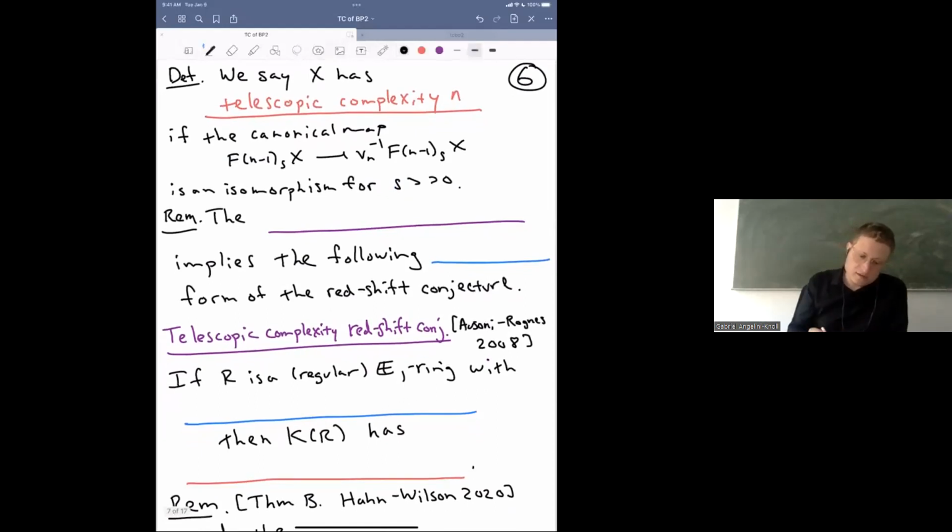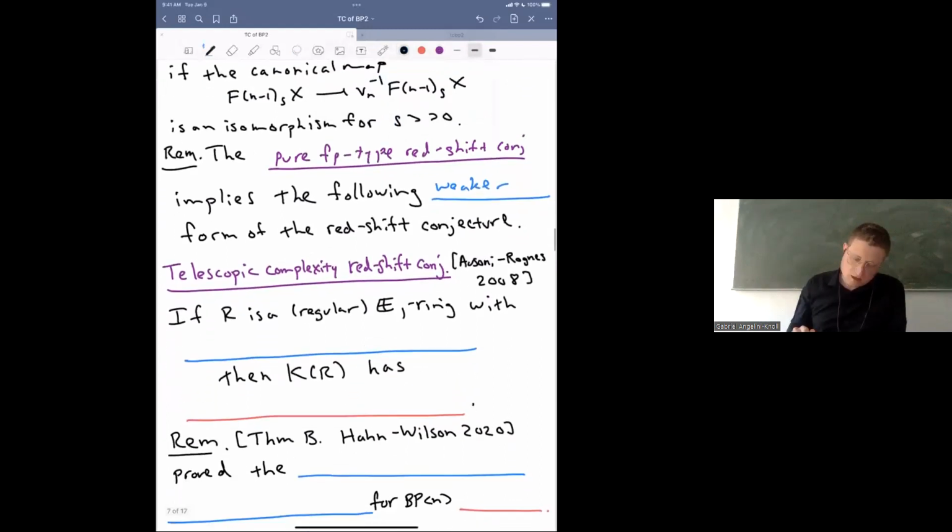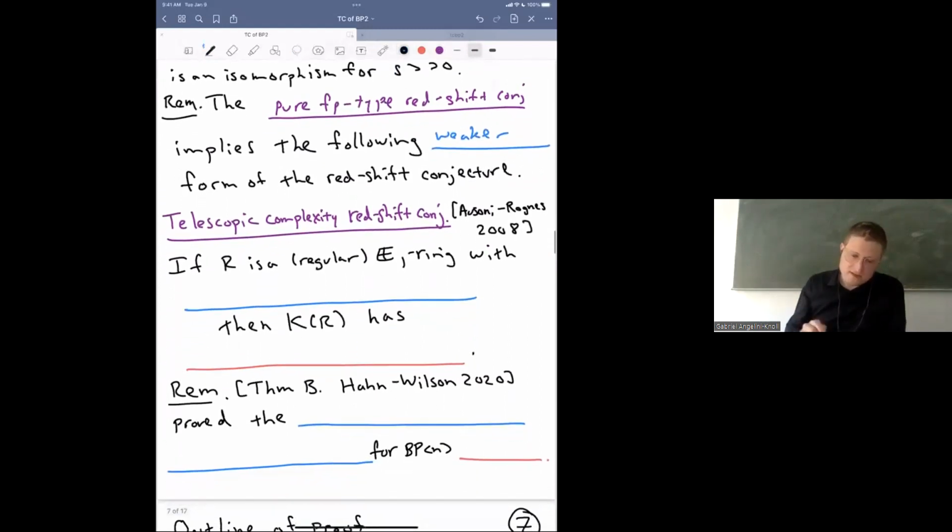So I just want to make a remark that the pure FP type redshift conjecture implies the following, which is a slightly weaker formulation. So this is not exactly how it's phrased also in Guido's book of conjectures and by Ausoni and Rognes in 2008, but it's very closely related.